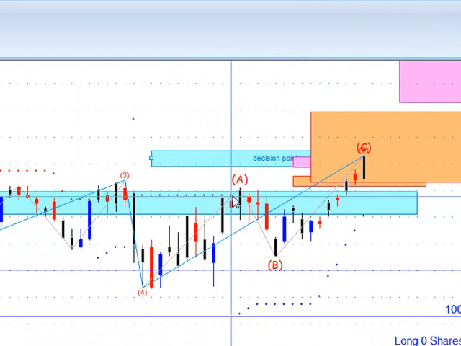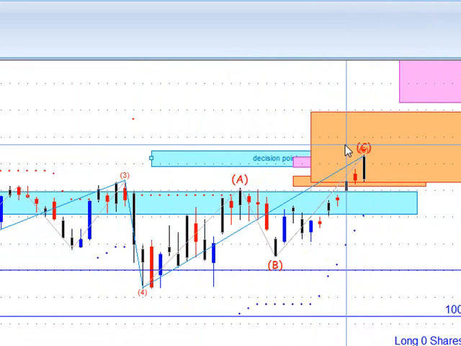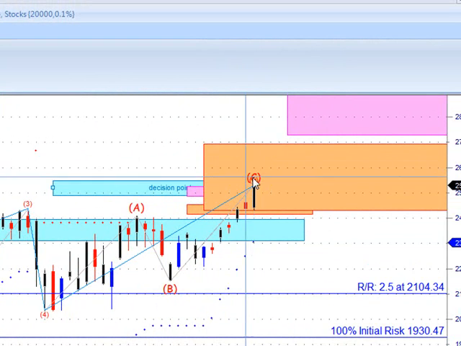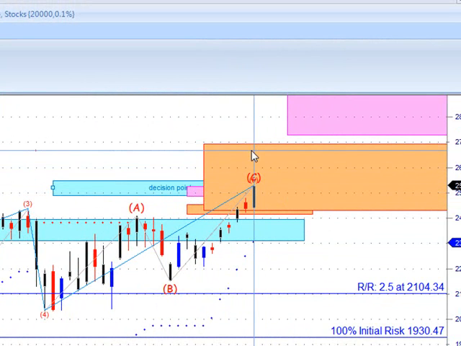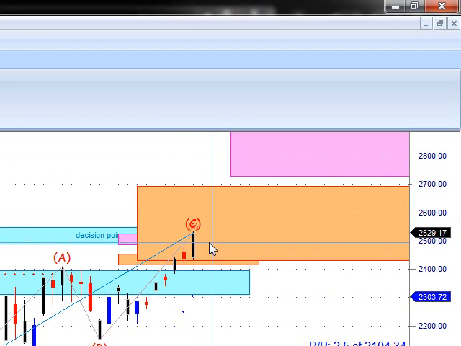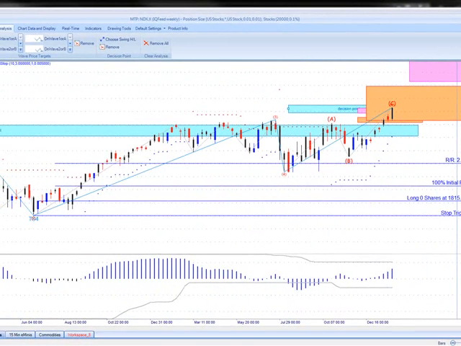It's taken out all the previous highs there, and is in some new territory here, but in resistance. It's a fairly big area of resistance all the way up to 2700. But we have come into some decision point resistance here as well, so we could see some consolidation there. Once I think earnings season clears out, we'll see.